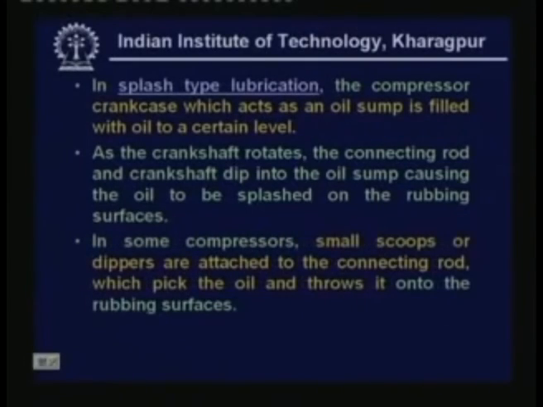That's why you call it splash type of lubrication. Since the oil is splashed, it fills the gaps and provides the lubrication, and because of gravity, it falls down, is picked up again, and is splashed again. So this is the principle of splash type lubrication.